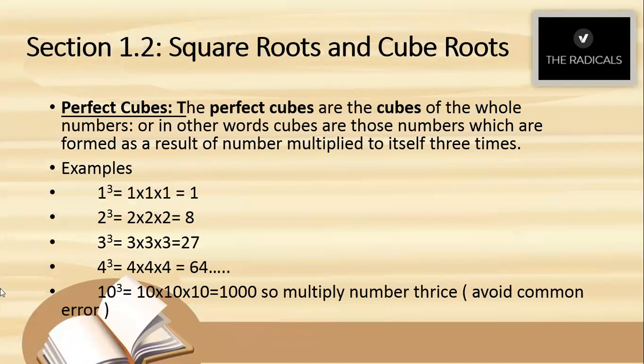Now, perfect cubes. Perfect cubes are the cubes of the whole numbers, or in other words, cubes are those numbers which are formed as a result of the number multiplied by itself 3 times.